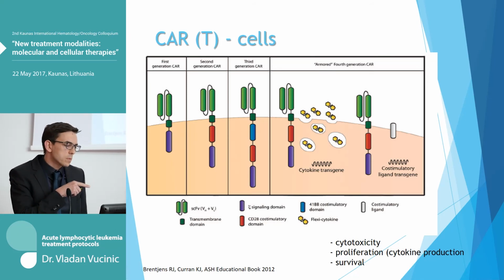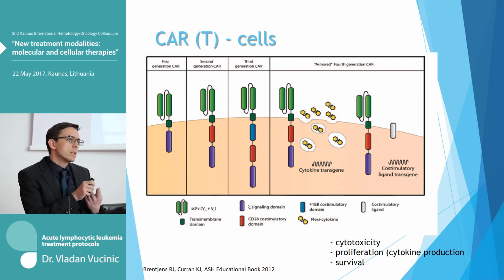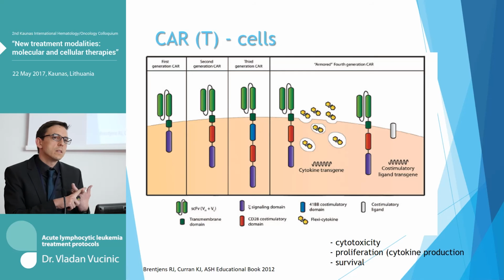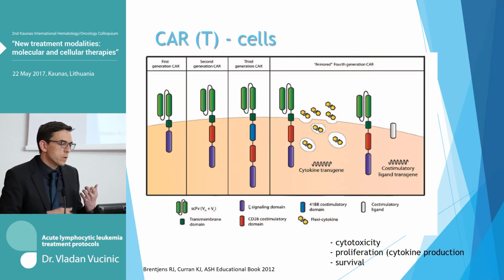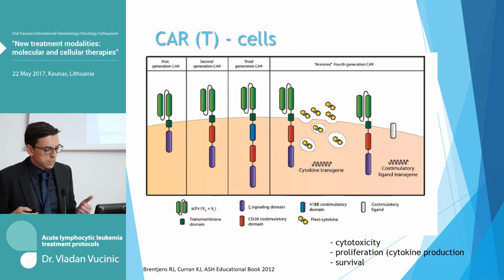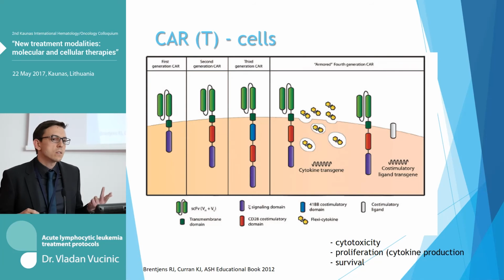It's complicated what I'm saying, but this way you skip the HLA restriction, you skip all the mechanisms that limit the T cell in its work, and you produce an army of professional killers, so to say. They are T cytotoxic, they proliferate, and they survive.